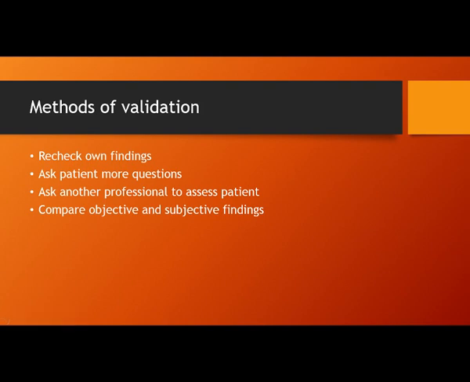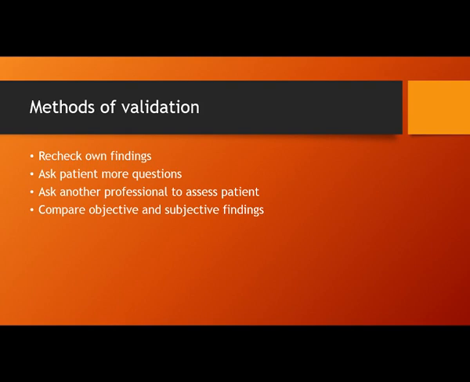Some of the methods of validation: one is to redo the assessment. Maybe you did the assessment wrong, and on rechecking it, doing it a little more carefully, your findings are different now. Another way would be to ask more questions.